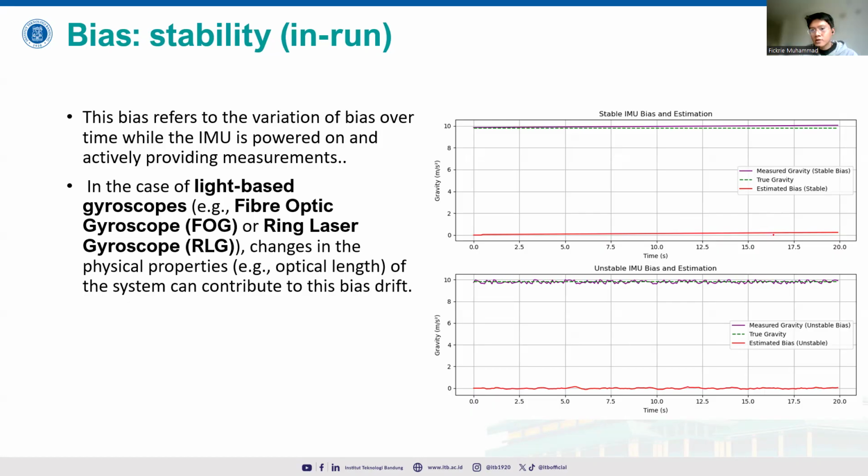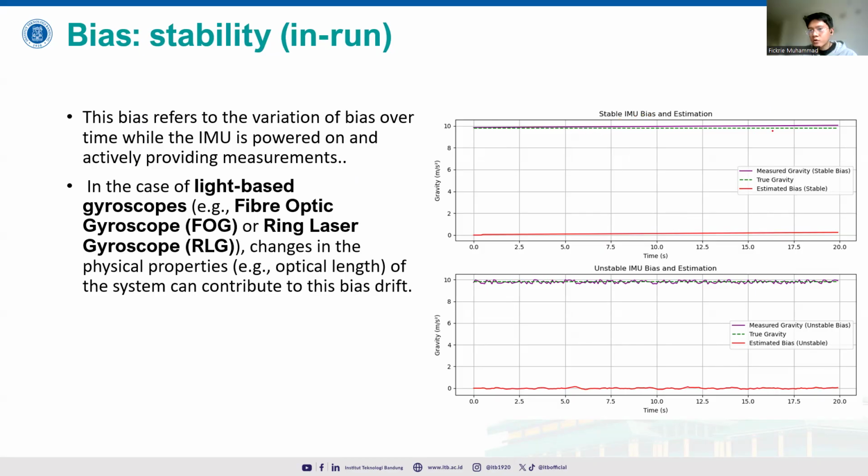So of course, during the time, the stable IMU bias, for example in the gyros, in the light-based gyroscope, will have the bias.